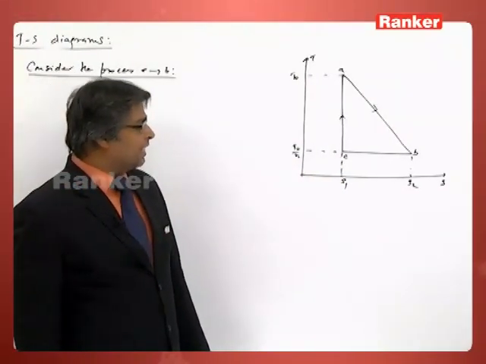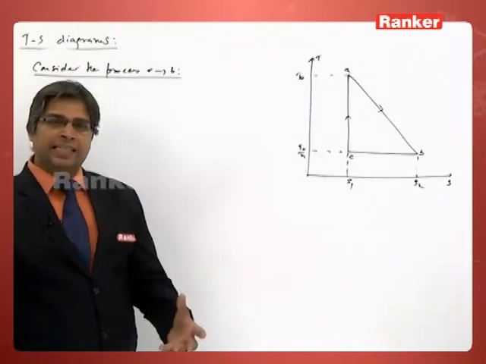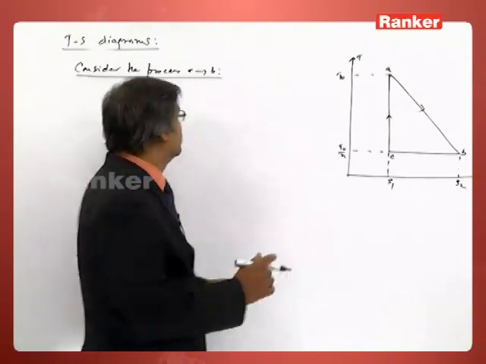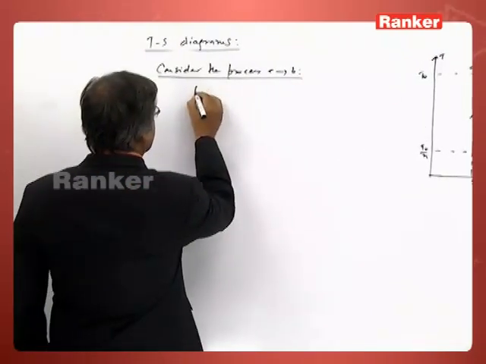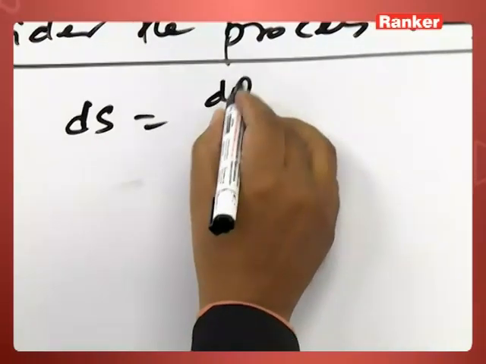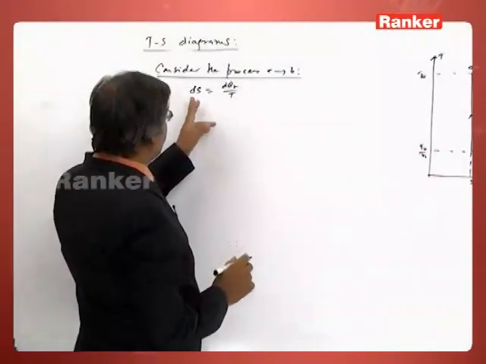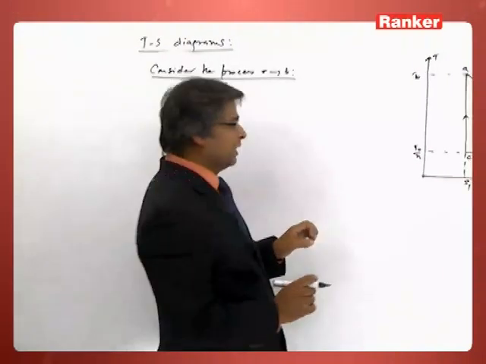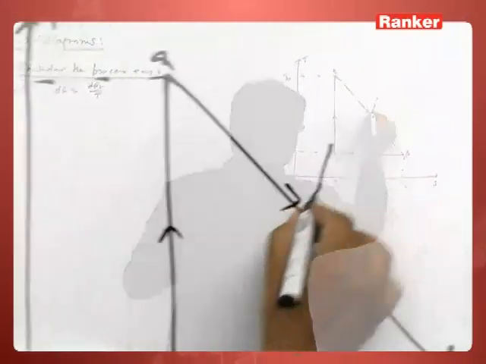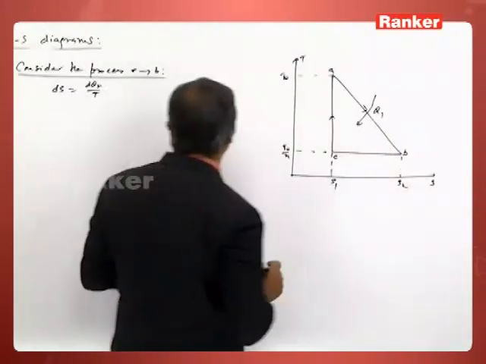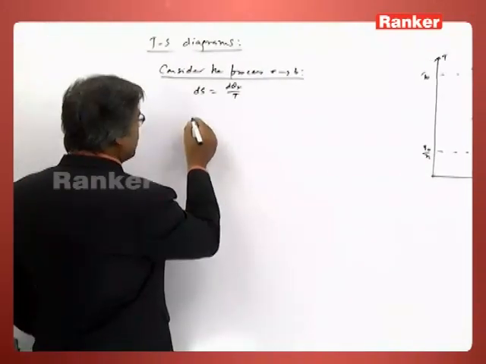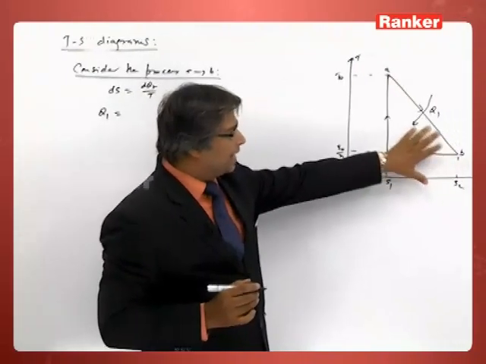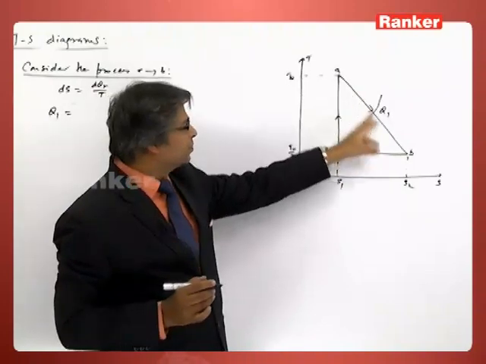If entropy is increasing, that can only happen at the cost of delta Q. So you see dS is equal to dQ reversible by T. So if entropy is increasing, there must be heat entering the system, that means heat is entering the system as Q1. The amount of Q1 that enters the system is given by the area under the TS curve.